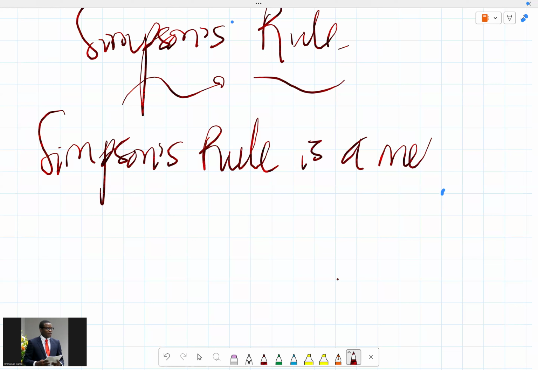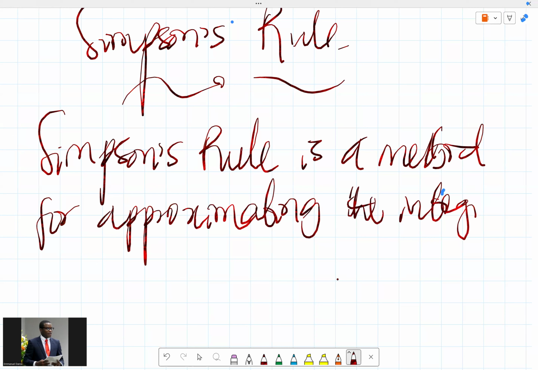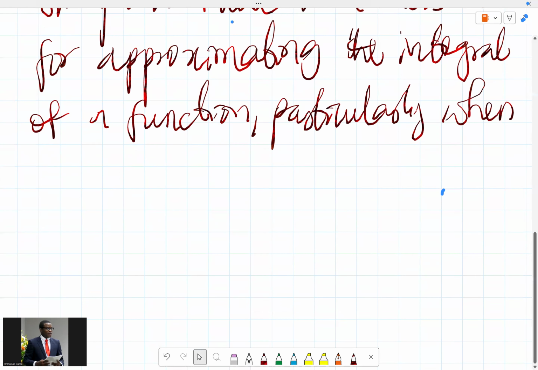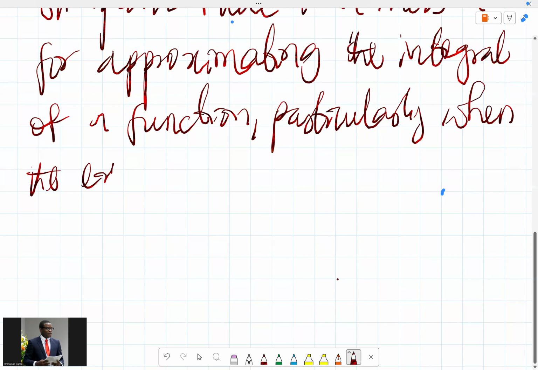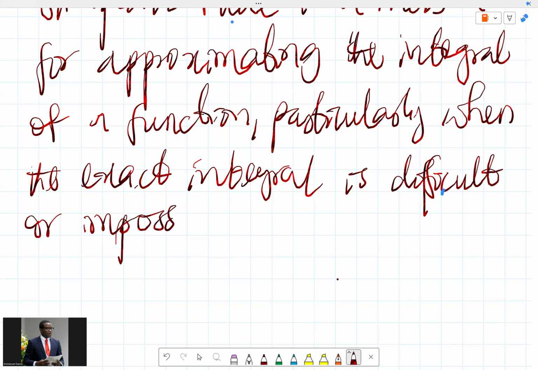Simpson's rule is a method for approximating the integral of a function, particularly when the exact integral is difficult or impossible to calculate analytically.